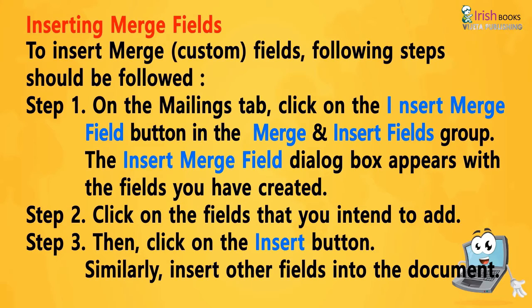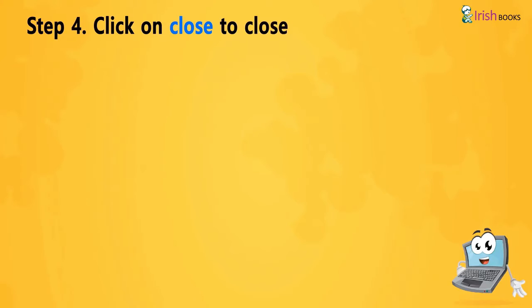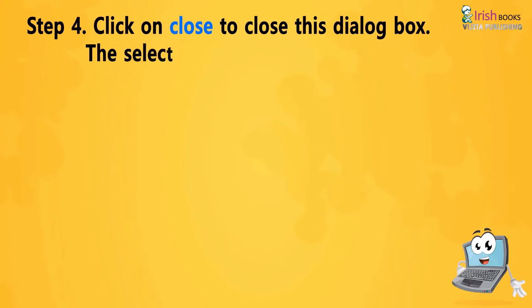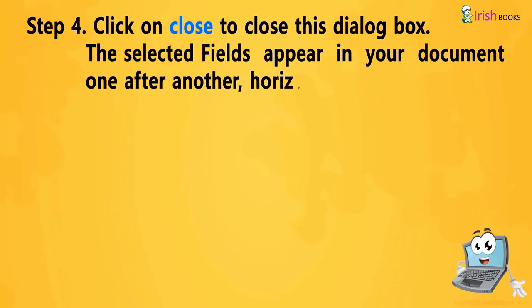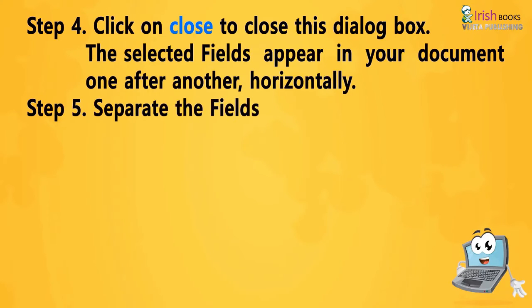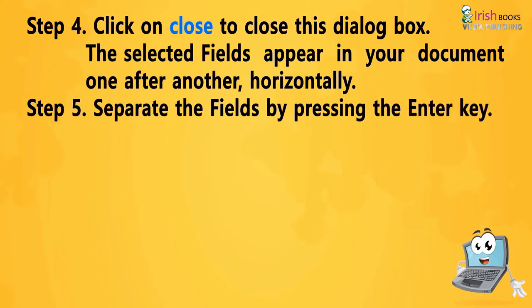Step 4. Click on Close to close this dialog box. The selected fields appear in your document one after another horizontally. Step 5. Separate the fields by pressing the Enter key.